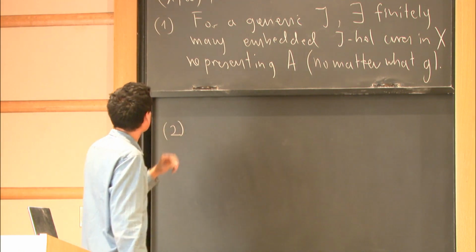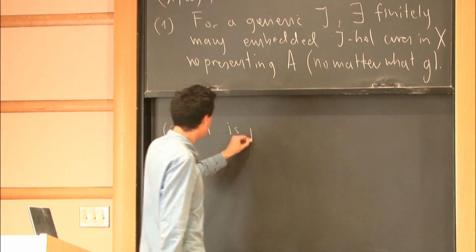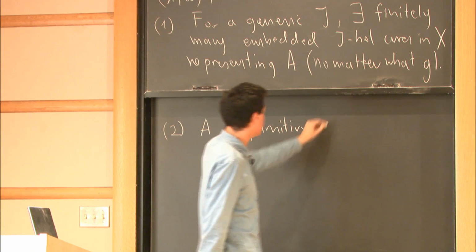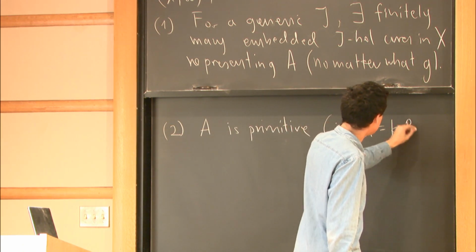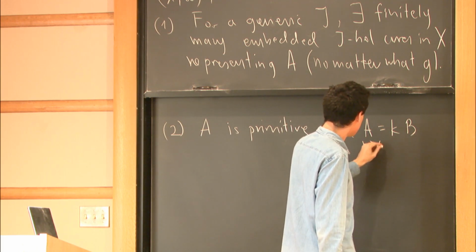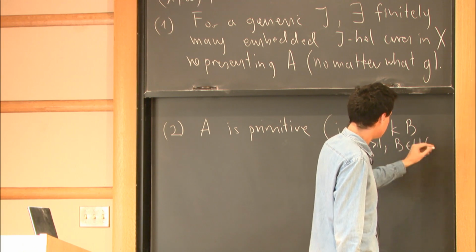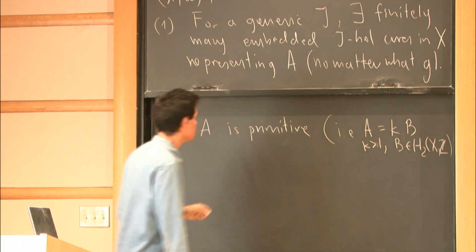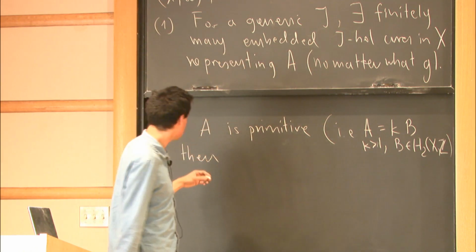And the second part of the theorem says that in the special case, if A is a primitive class, and primitive means that it's not of the form k times B for k greater than 1 and B in the integer homology group, then actually you can count these curves, and that's a symplectic invariant.